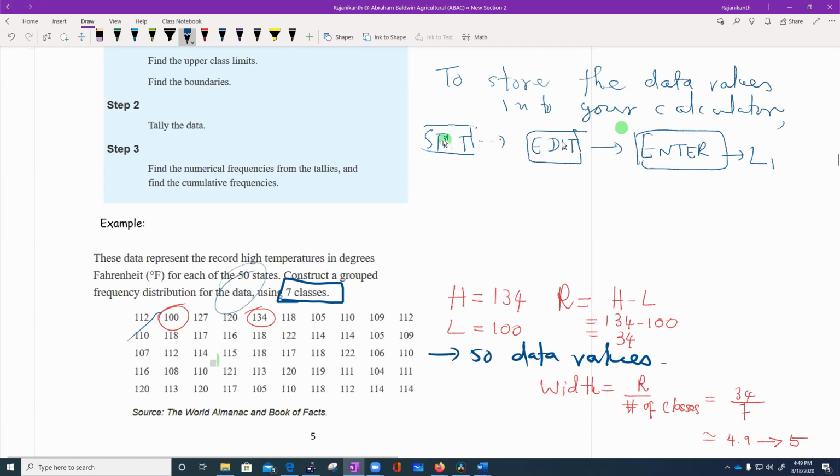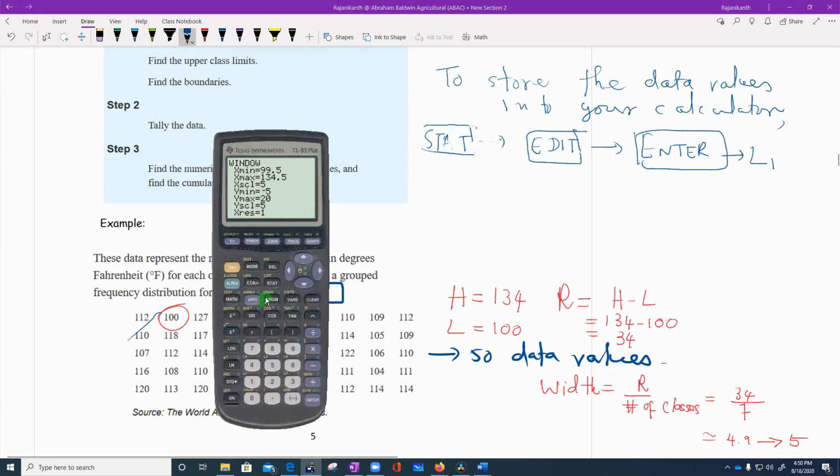Go to stat, which is here. You see edit, number 1, enter, just enter. Now you see L1, L2, L3 and so on. You have a lot of columns. You could enter whatever you like, but we prefer to enter into the first column, L1.